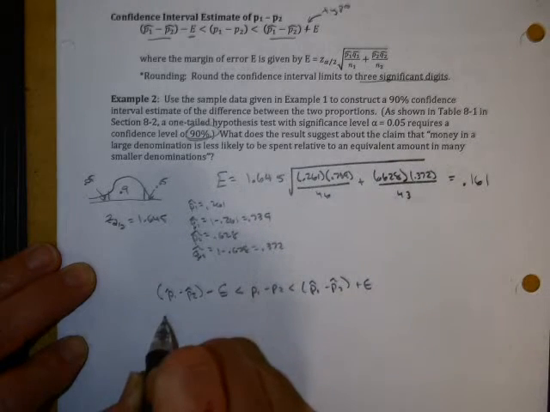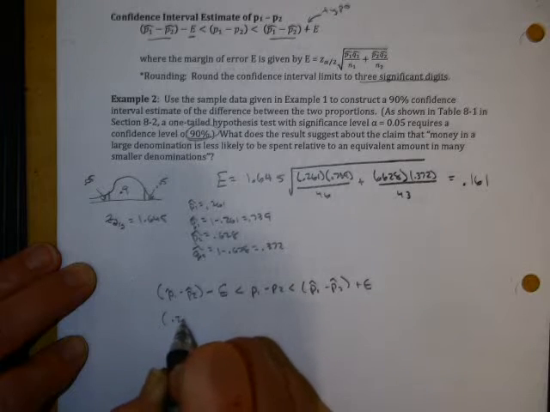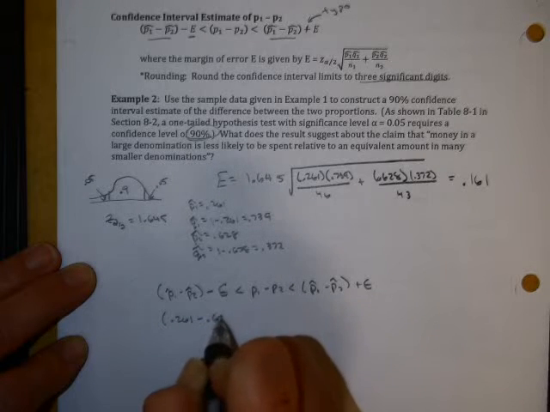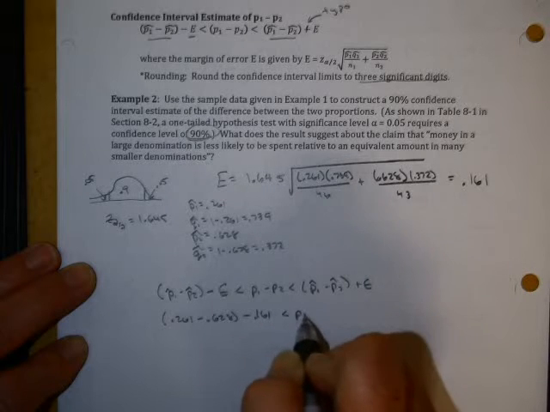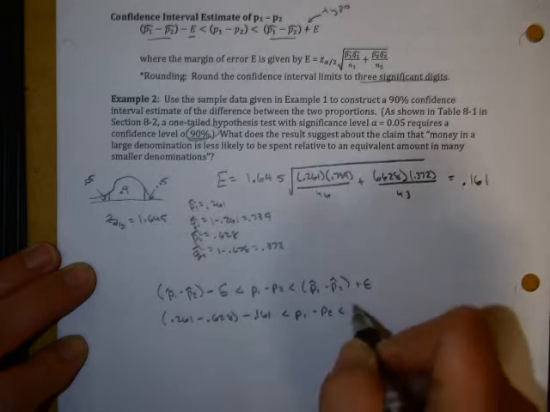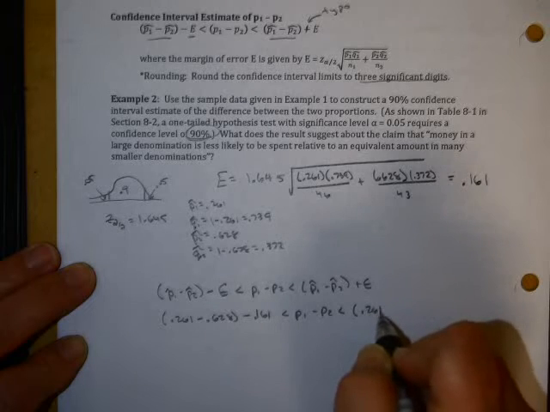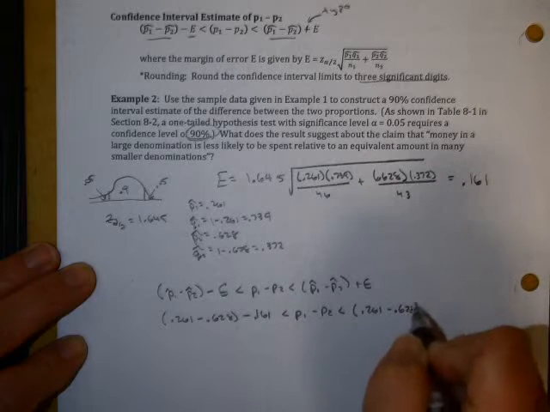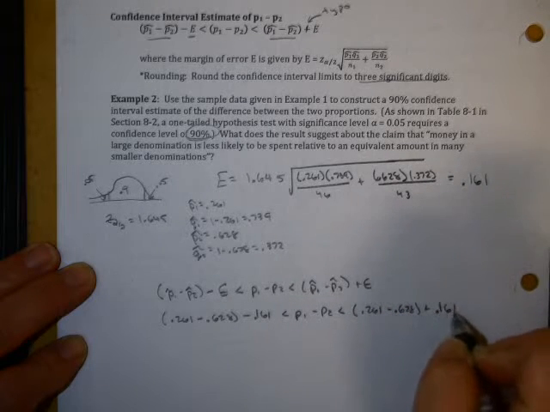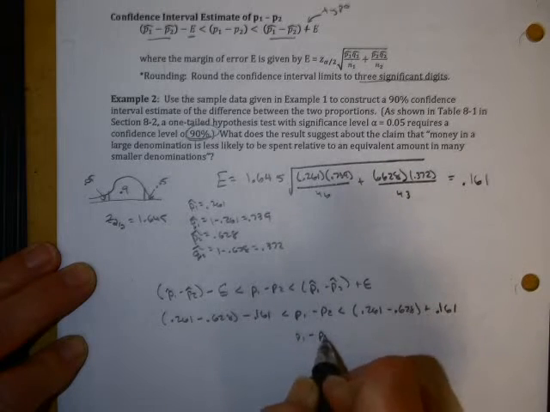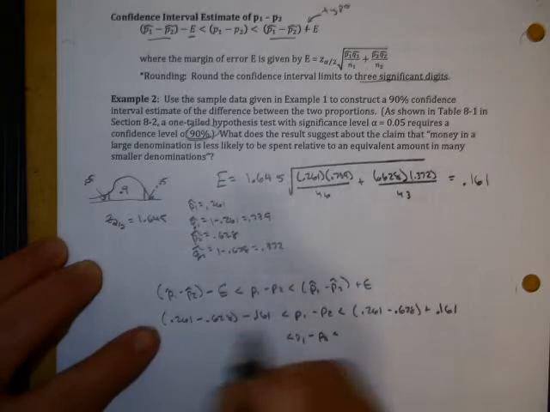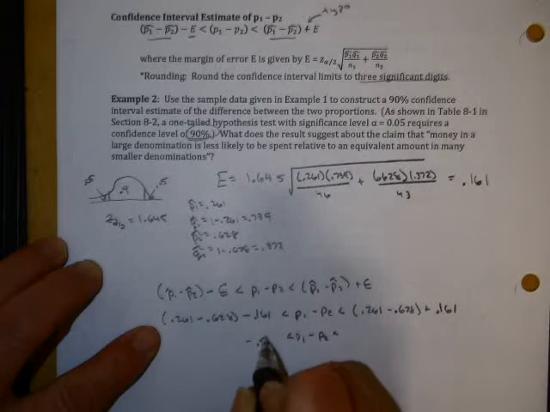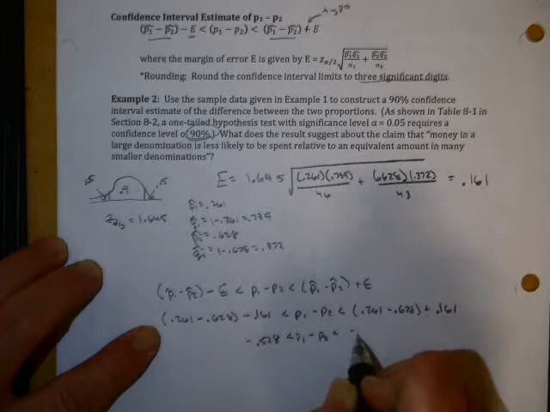In our case, we would take 0.261 minus 0.628 minus our margin of error, and 0.261 minus 0.628 plus our margin of error. That will tell us that our estimated difference between our proportions is from negative 0.528 to negative 0.206.